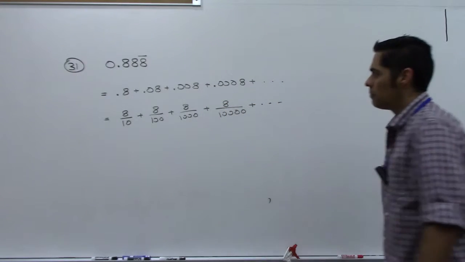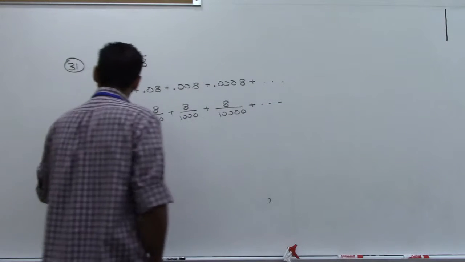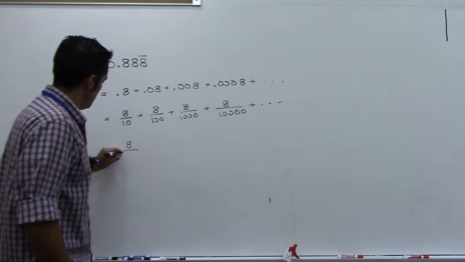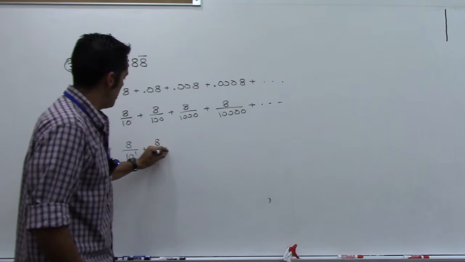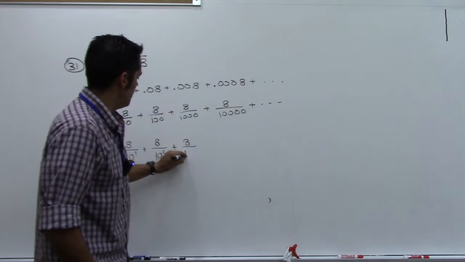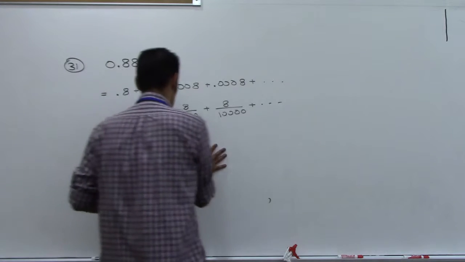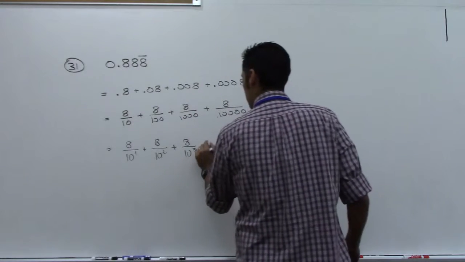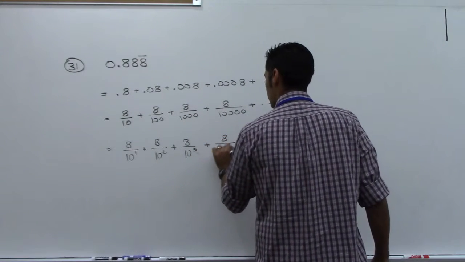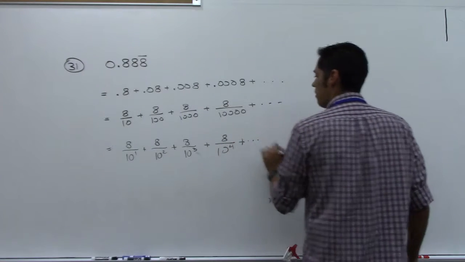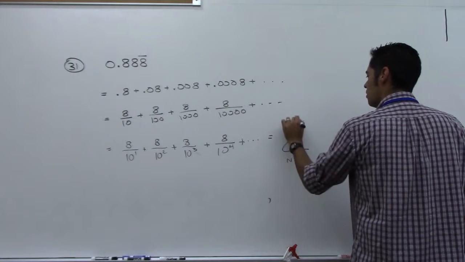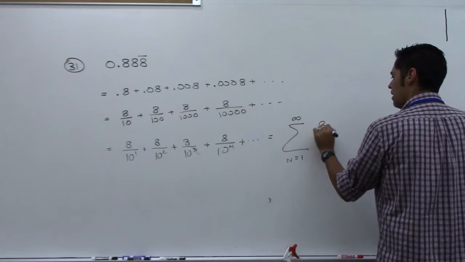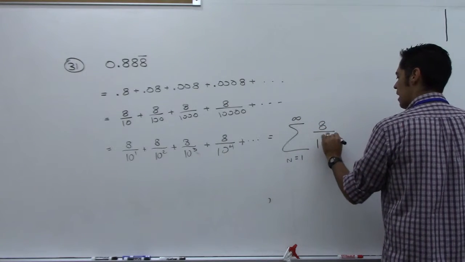forever. But this is equal to 8 over 10 to the first power, 8 over 10 squared, 8 over 10 cubed, 8 over 10 to the fourth, and so on and so forth, which is equal to the sum as n equals 1 to infinity of 8 over 10 to the n.